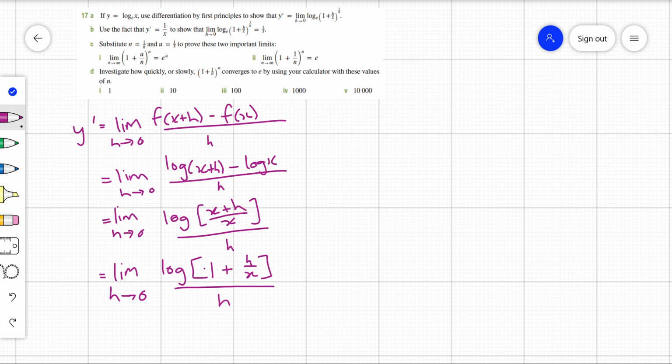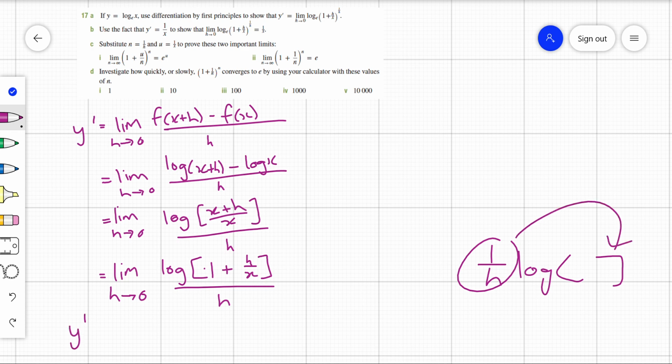And then if you think about it, that is like 1 on h times log of blah blah blah, so we can put that up as a power as well if we would like. So we could say that y dash is the limit as h goes towards 0 of log of (1 plus h on x) to the power of 1 on h. So that's one way you can do it.